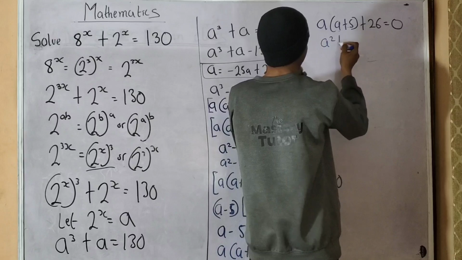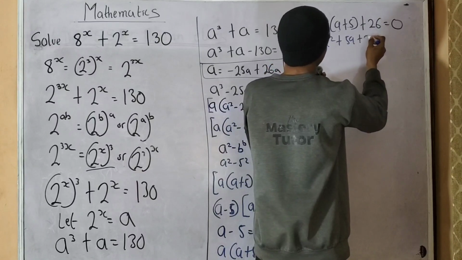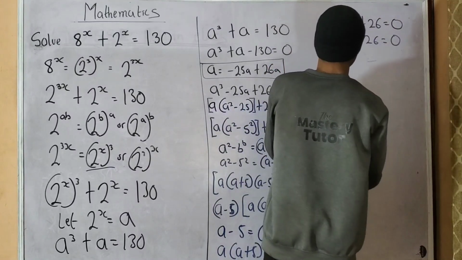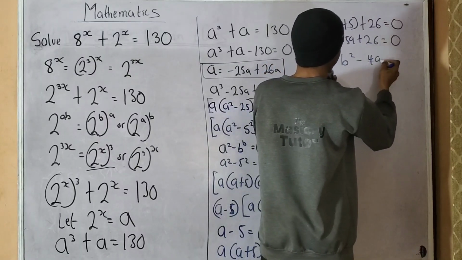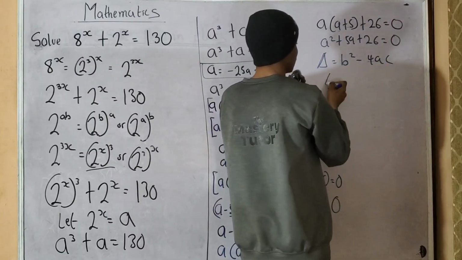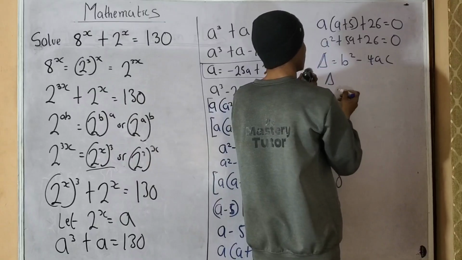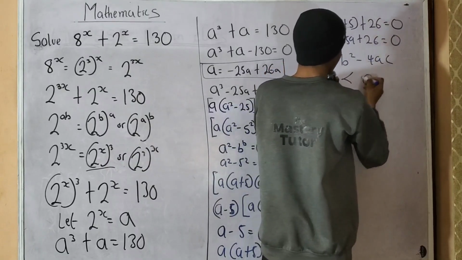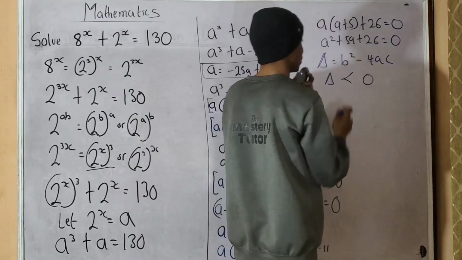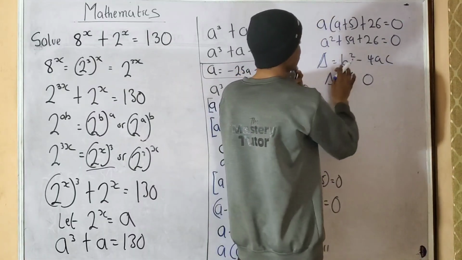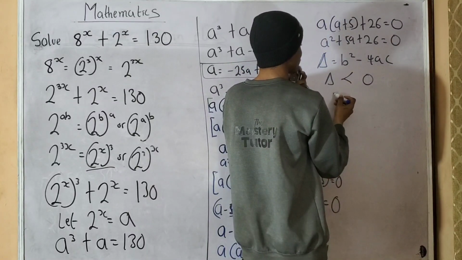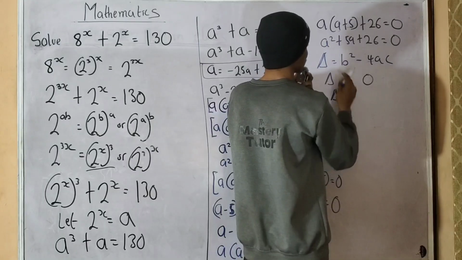A squared plus 5a plus 26 equals to 0. Discriminant b squared minus 4ac. If the discriminant b squared minus 4ac is less than 0, that means this quadratic equation doesn't have a real solution. Do you understand?